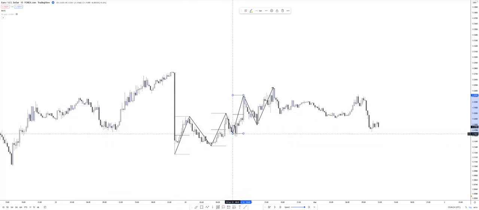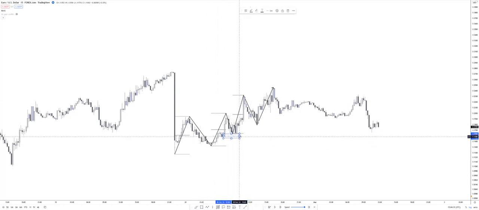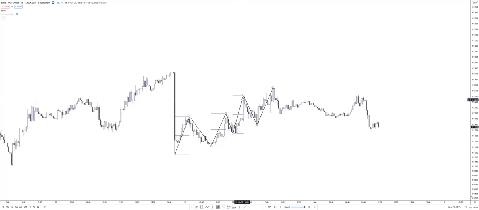So at this point here, it would have been safe to take an entry based on the price moving with clean order flow, and then once price came down into this discount again, you could again look for continuations moving up.